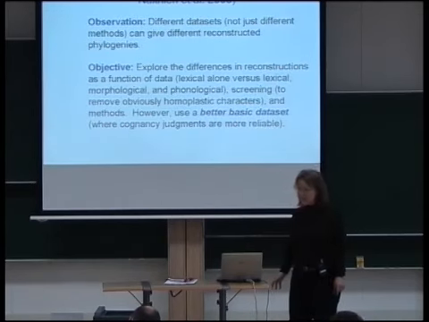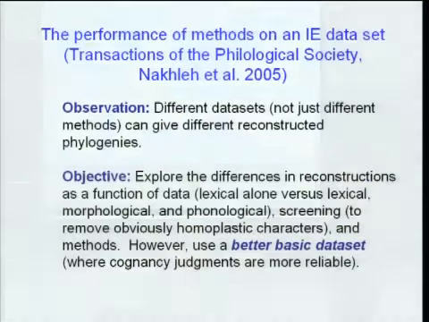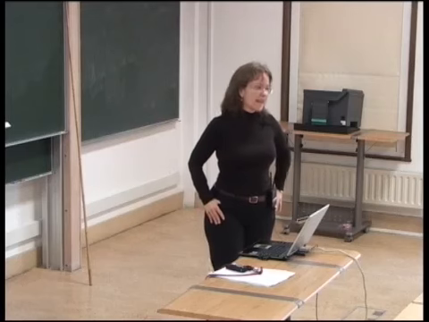So we did a study that was published in the Transactions of the Philological Society, in which we looked at various different reconstruction methods, and we focused the attention just on the difference in the methods by keeping the underlying data set the same. In particular, some of the problem that had been happening is that a lot of people's data sets have been based upon the Dyen data, which had a lot of problems. It was both very modern, so it had lost a lot of the features, and also had errors in it.